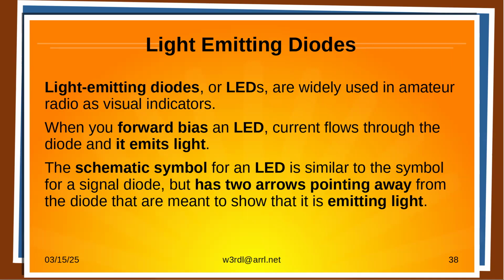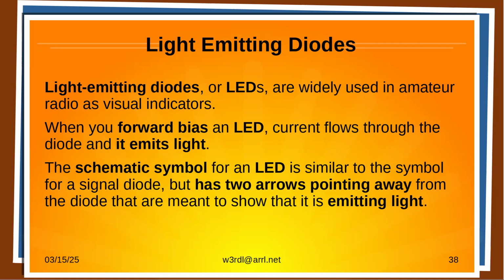And it's because it's in a package that allows the light to be transmitted. It's some transparent plastic, usually. You see the light. And it can be all different colors. They make everything from white to everything in between to blue, or also infrared.